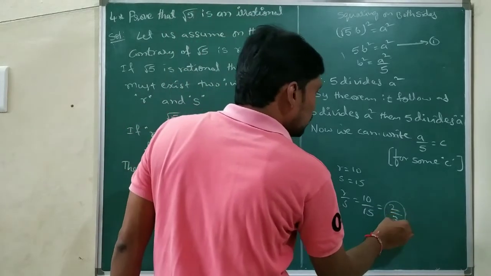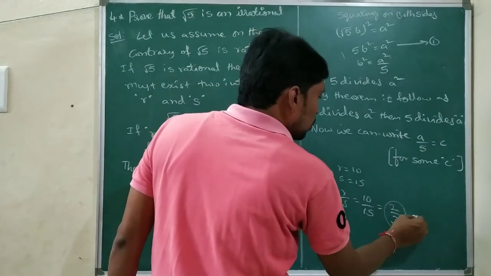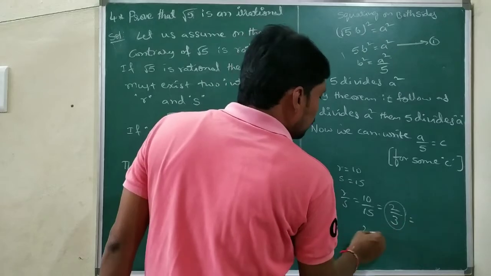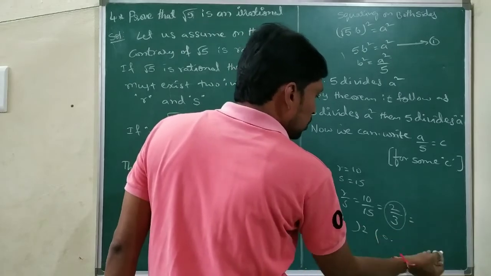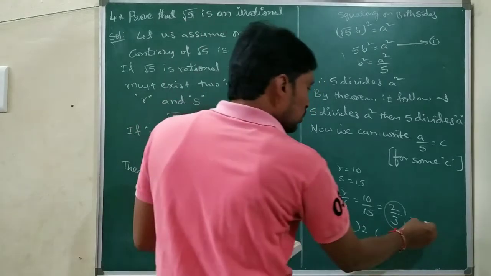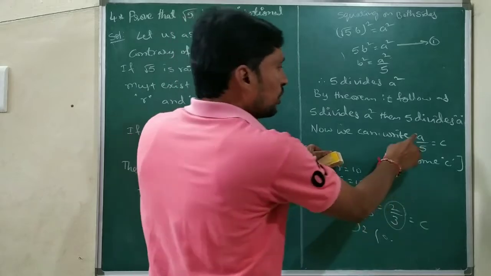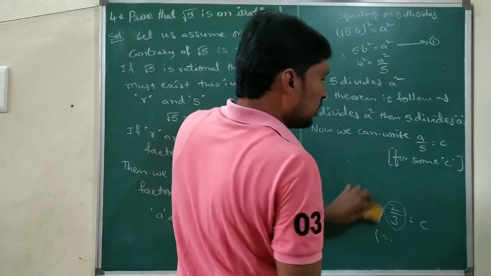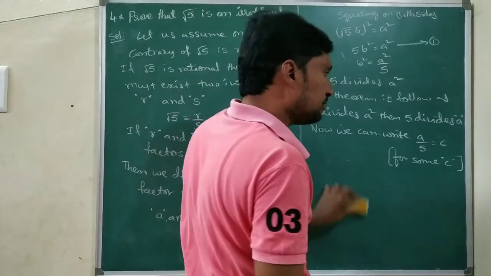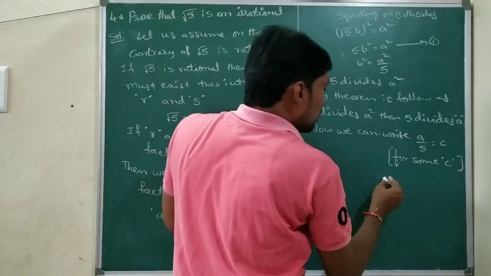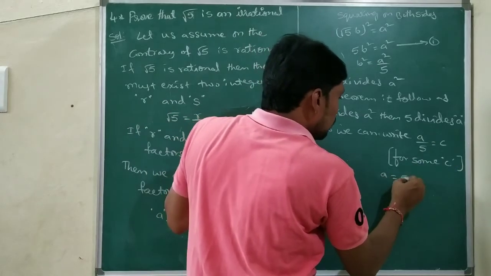That value we are taking as c. So here a by 5 value we got c. Now you can transpose, a equals 5c.